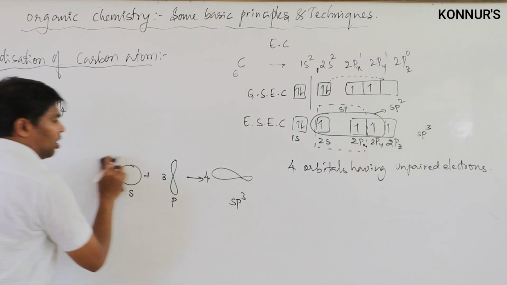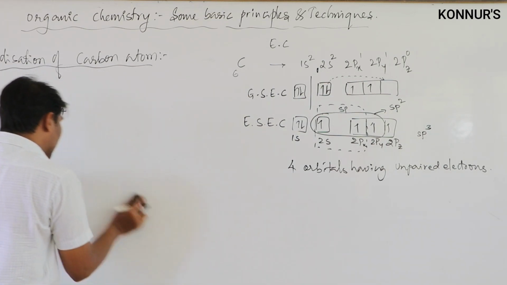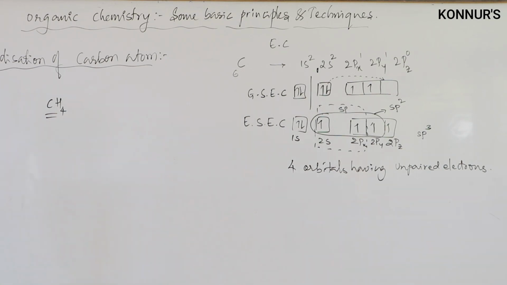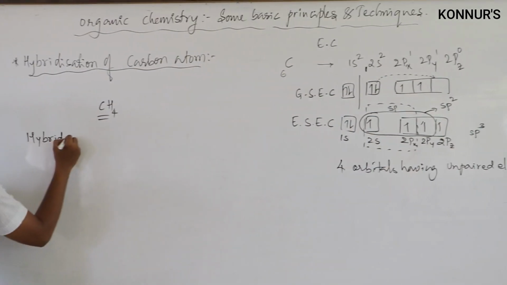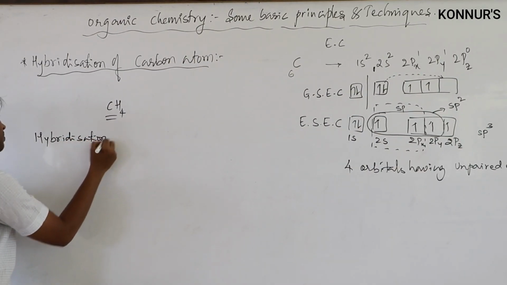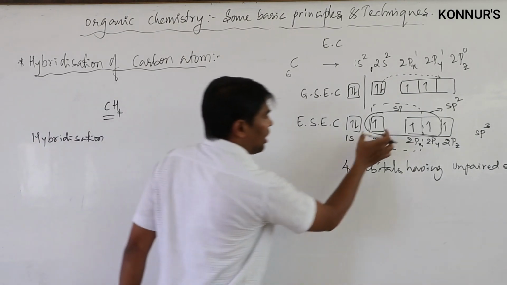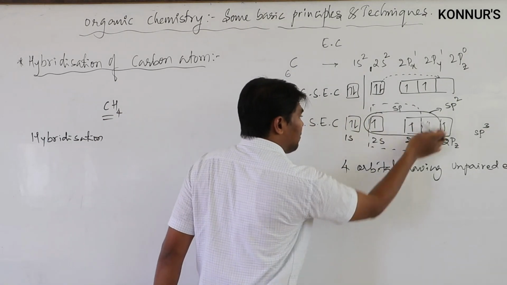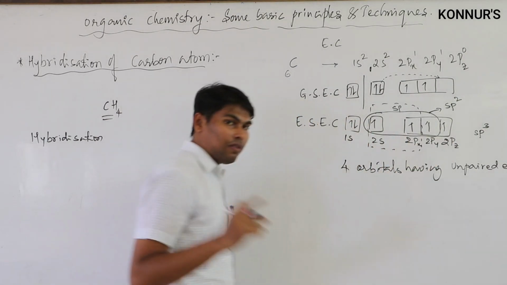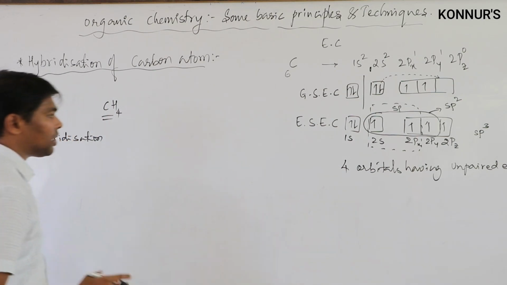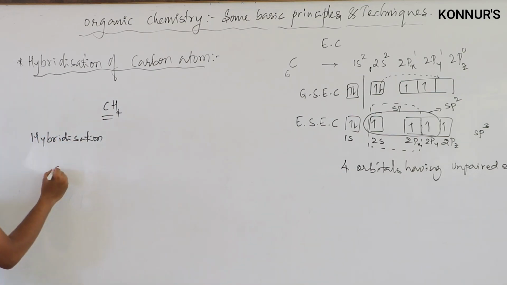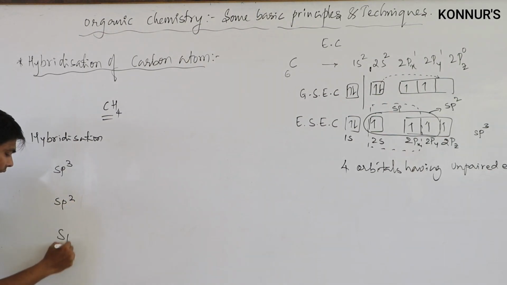Let us draw one table here. We will get the idea how to analyze it. I am writing type of hybridization here. As I already told you, there are sp, sp2 and sp3, 3 types of hybridization for a carbon. So sp3, sp2 and sp.